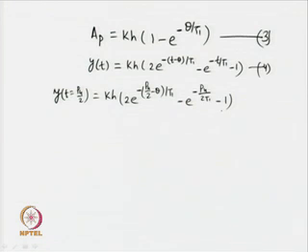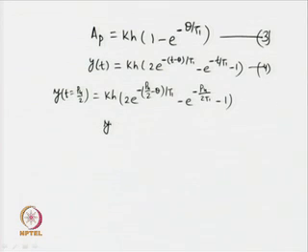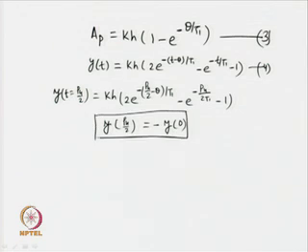But for us, for maintaining sustained oscillatory output, the limit cycle condition gives us that output y at time t equal to Pu by 2 is equal to minus y(0). This condition must be met to induce limit cycle oscillations.